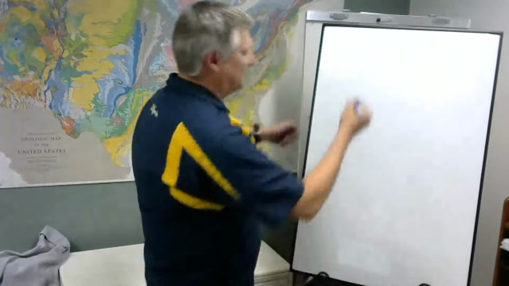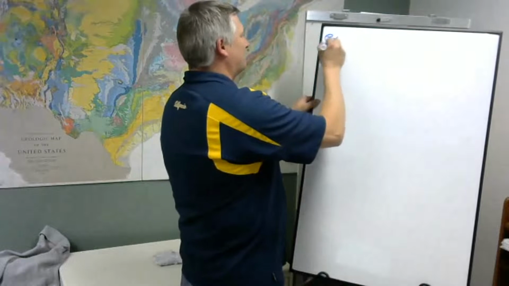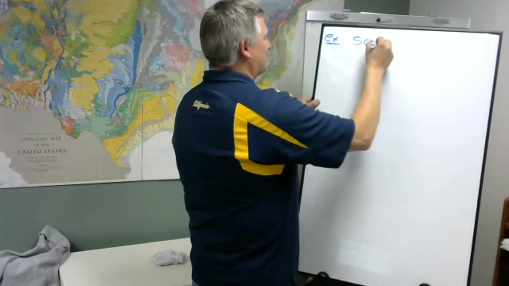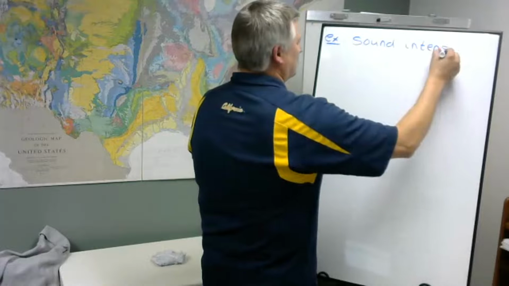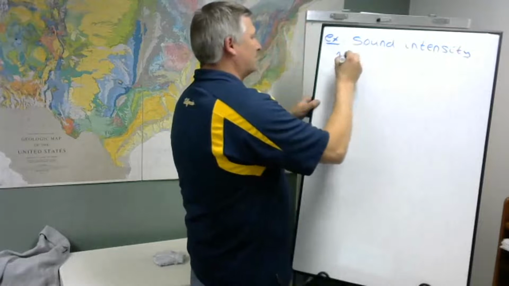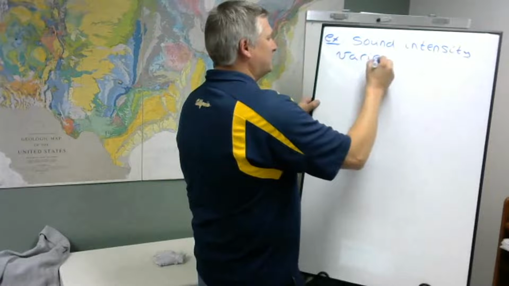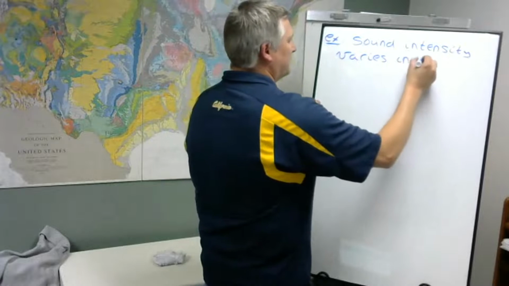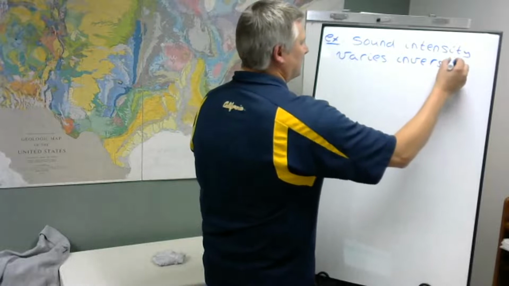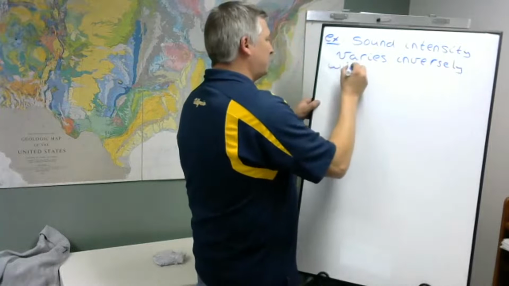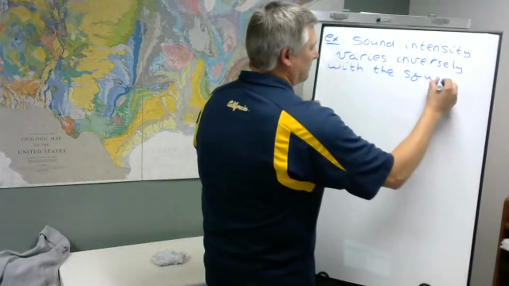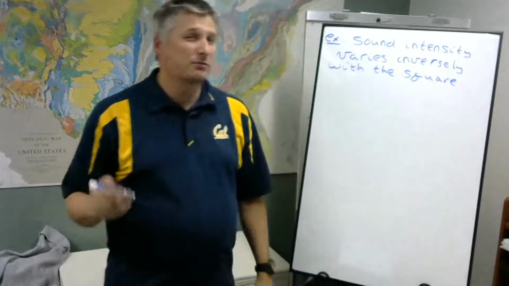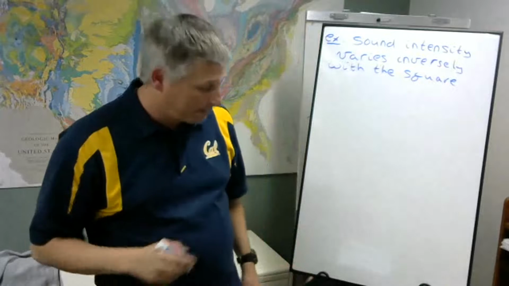So we have this. Sound intensity varies inversely with the square. So square means a power of 2, or n equals 2.